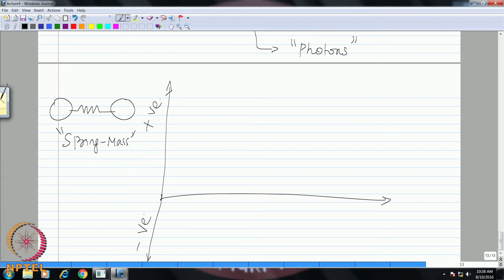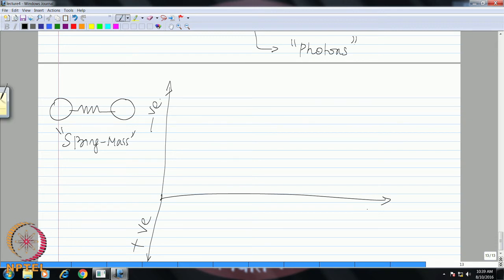Positive potential means it is attractive, negative means it is repulsive. For the sake of convenience, we will reverse this: we will put the negative on the top and positive on the bottom, so the repulsion will be plotted on the positive part of the y axis.